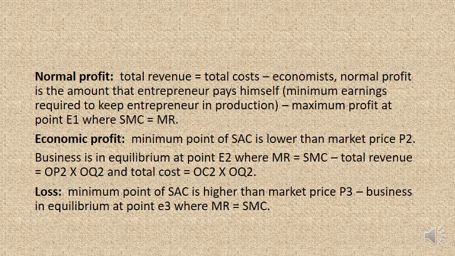And that would happen where your marginal cost is exactly equal to your marginal revenue. So at equilibrium, your cost curve and your revenue curve is at that same point. An economic profit is where your average cost curve, like in the previous graph, is lower than your market price. And then an economic loss is where the minimum average cost is higher than the market price.